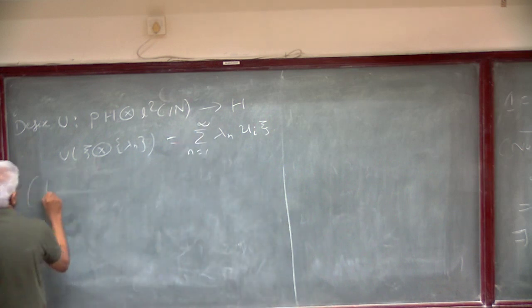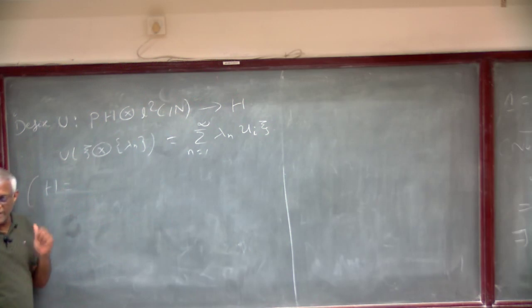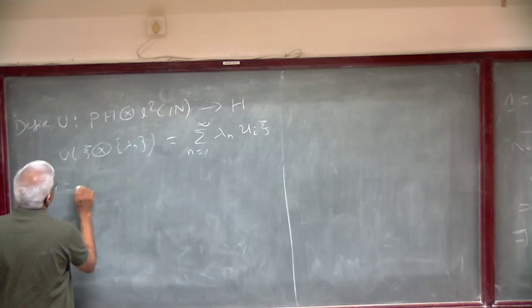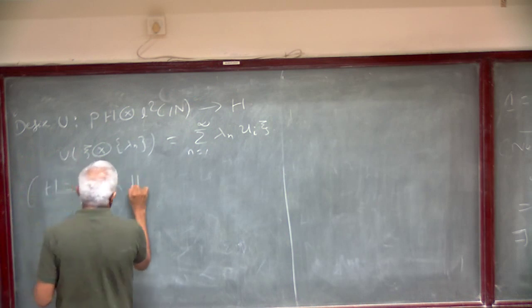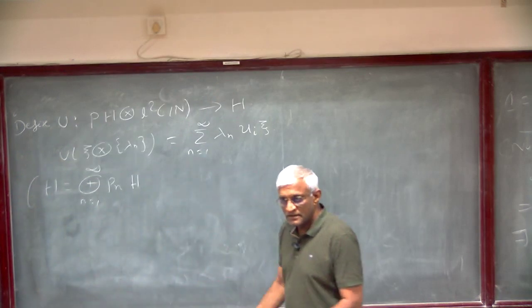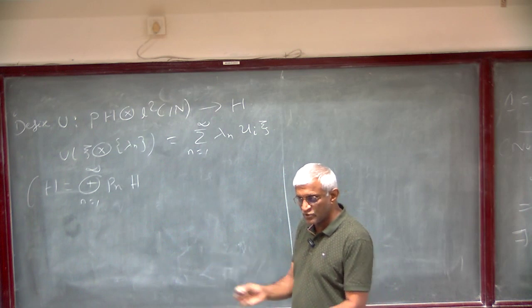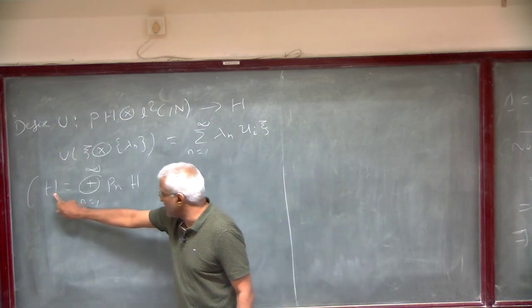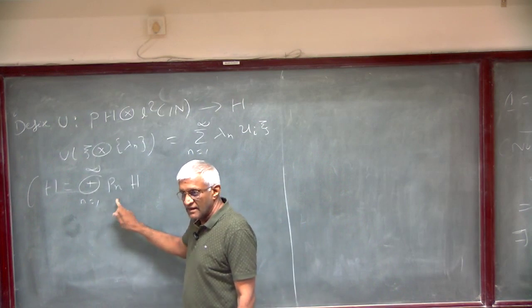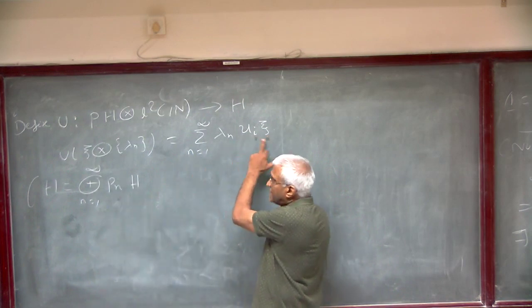See this, summation Pn equal to 1. So H will be written as direct sum of n equal to 1 to infinity PnH, right? Summation Pn equal to 1 and Pn's are mutually orthogonal. So H will look like this. So any xi here will be direct sum of xi n. Now this lambda n is scalar.